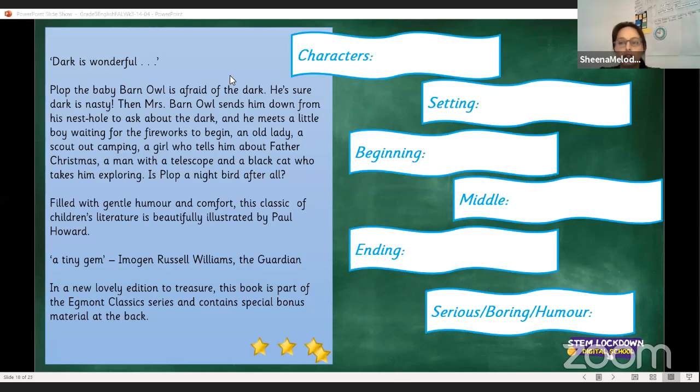Now, I'm sure there are many people out there who might have siblings or little sisters and brothers or someone they know that is scared of the dark. And this is a good book that maybe they can read to make them feel better. That's why these books are quite nice in that sense. Okay, so let's move on.